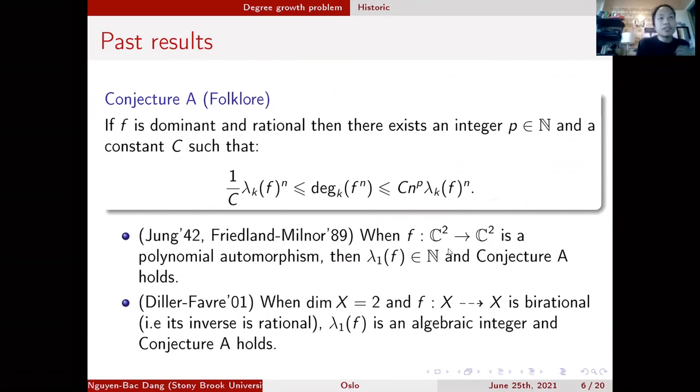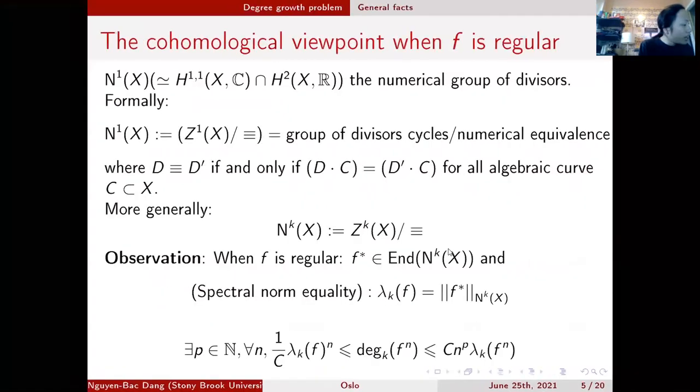And moreover, we see that these dynamical degrees are algebraic integers because they are the zeros of the characteristic polynomial of a matrix in the regular case.